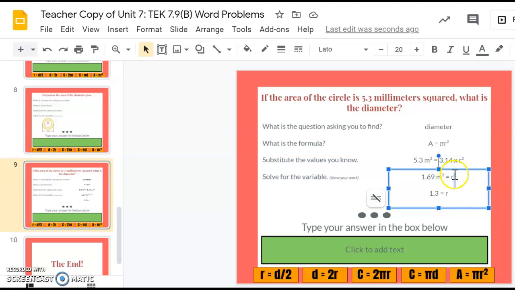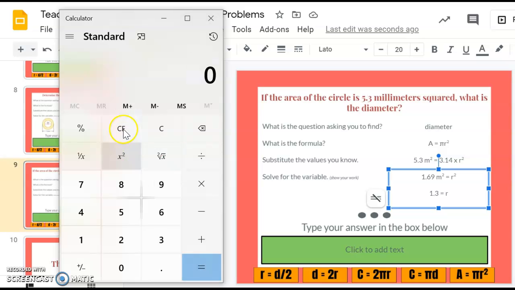To work it out, because I want you to see that it works, you can reverse it all. Let's see, where's my calculator? Okay, so I have 1.3 times 1.3 times 3.14.